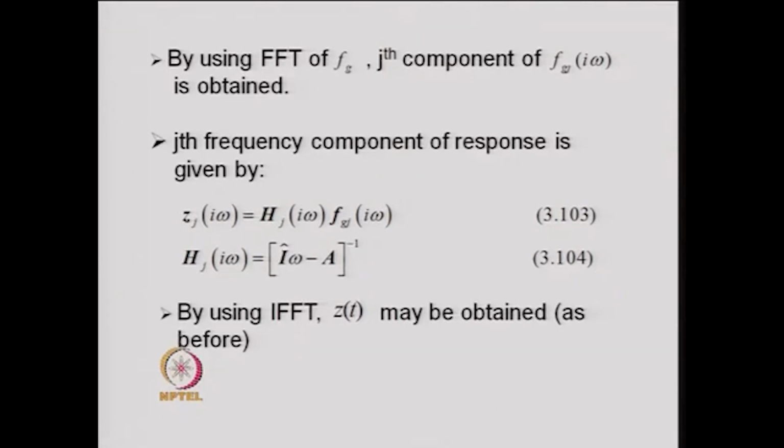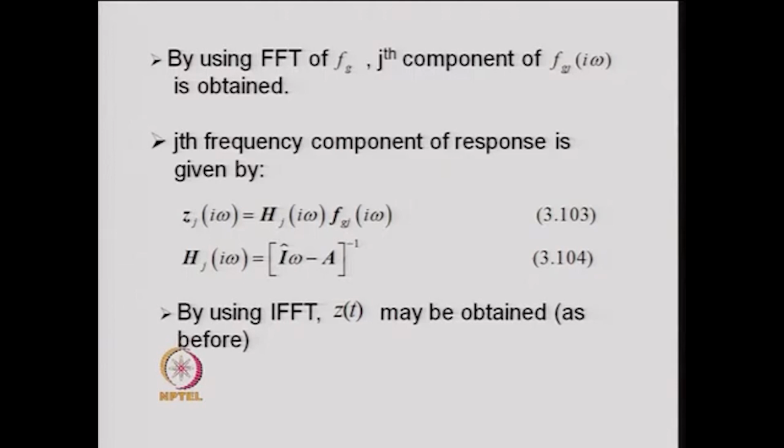The values of Zj omega at an interval of delta omega, all the values including the complex conjugate values, are given to the IFFT, and the IFFT gives the value of ZT. And the ZT contains not only the displacement but also the velocity as well.